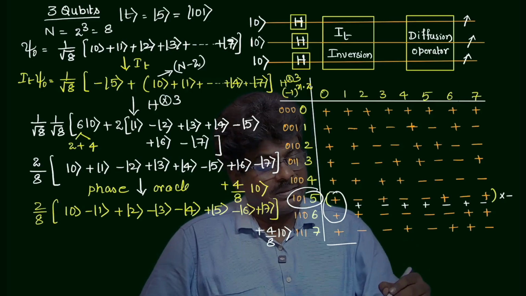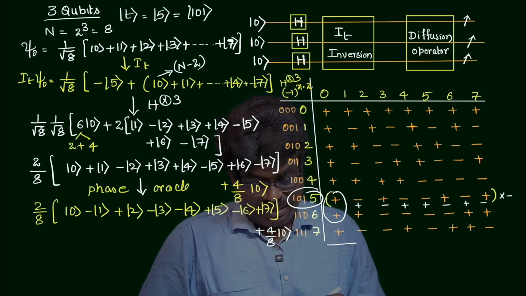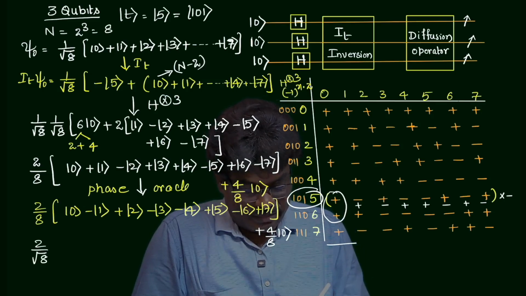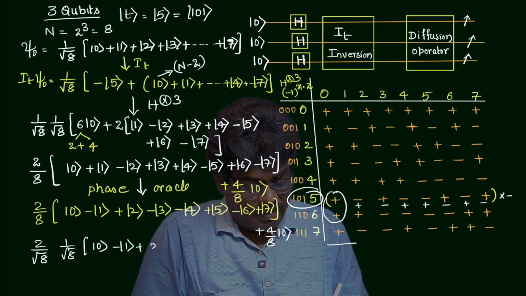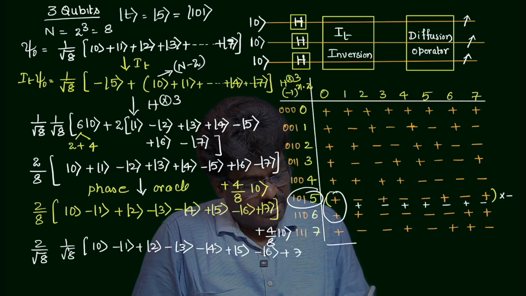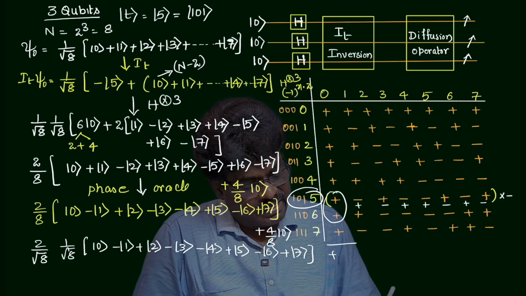So that's it. Now see. Here I am writing it as 2 by root 8 and 1 over root 8, 0, minus 1, plus 2, minus 3. Okay. So let me write 4, 5, 6 and 7, plus 4 by 8, you can write it as 1 by 2.